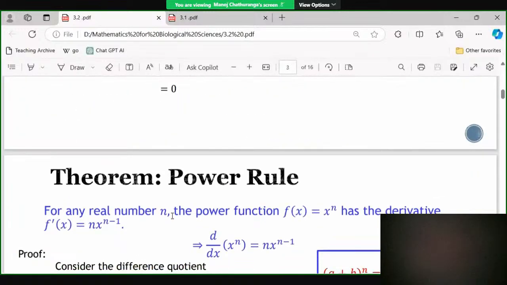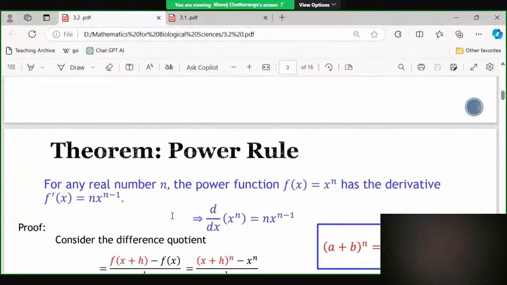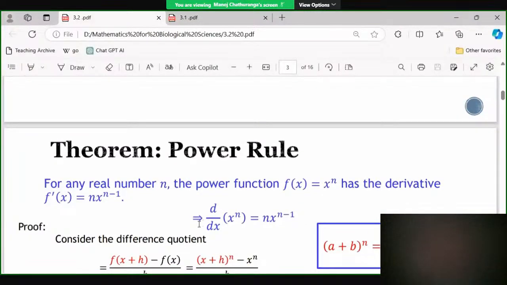Then we have the power rule. In this slide, I have an explanation for this power rule, but let's keep it aside. You don't need to know the reason for this rule. Just memorizing this rule is enough for your level.